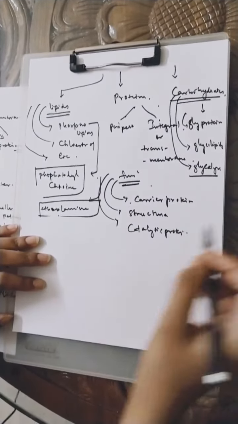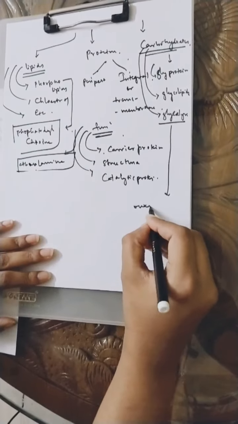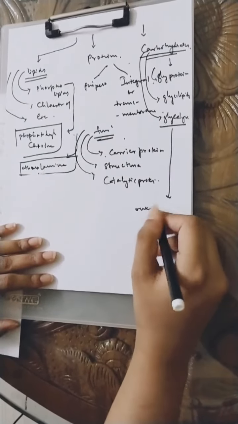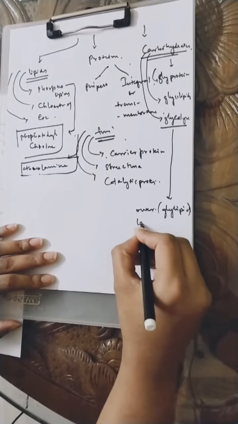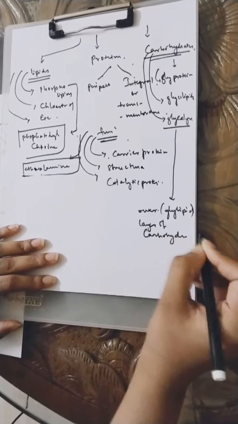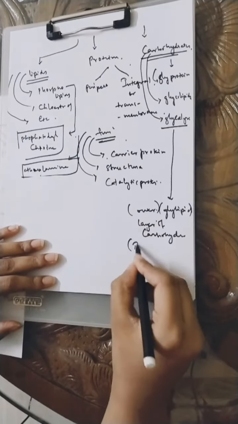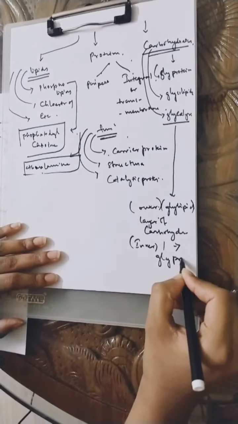The glycocalyx is also divided: the outer portion is the glycolipid layer of carbohydrates, and the inner one is filled with glycoproteins.